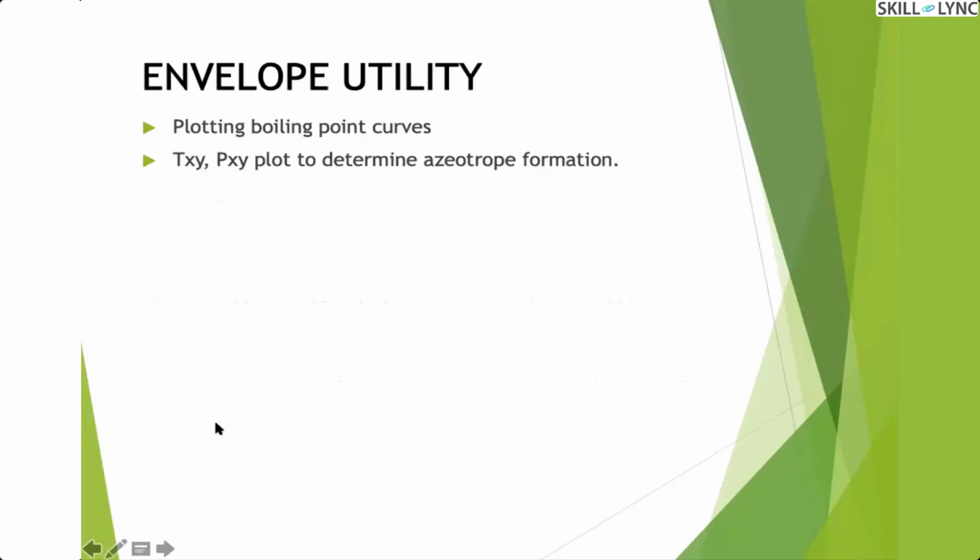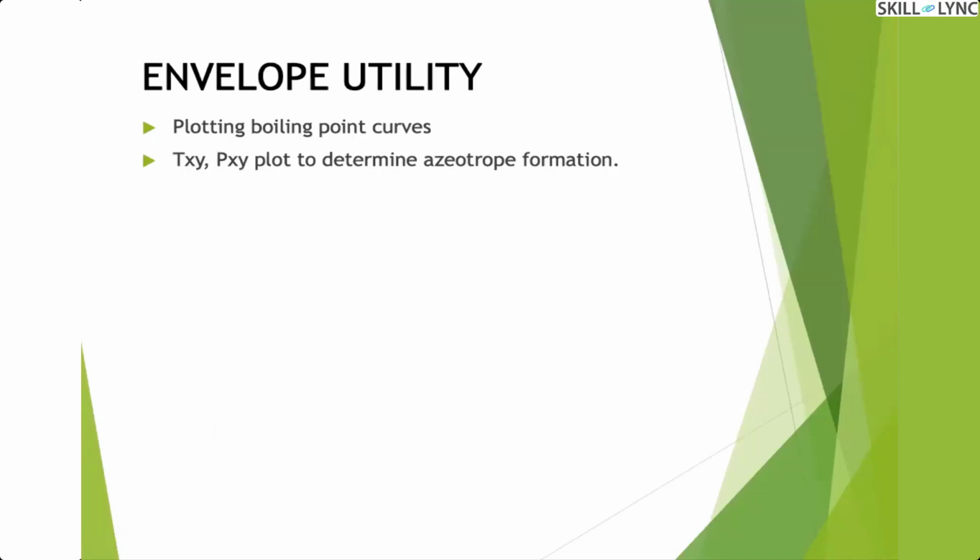And then if you look at distillation, you would all have seen the TXY, PXY plots. Those plots can also be generated. Using that plot is important to determine whether there is any azeotropic formation or not. Only when you have an idea of the azeotropic formation can you design the system suitable for that separation.